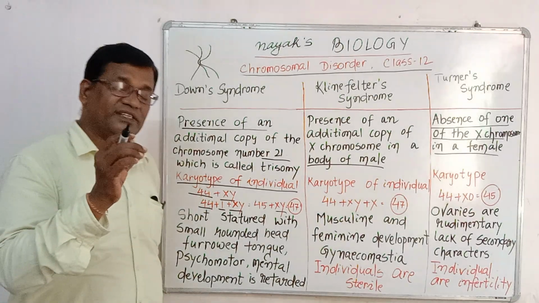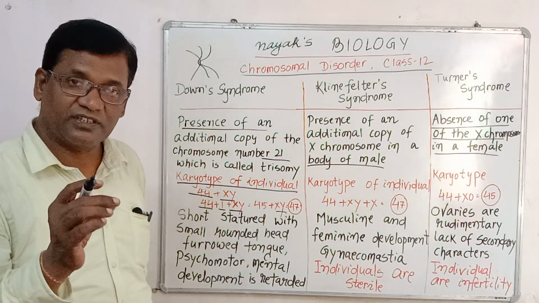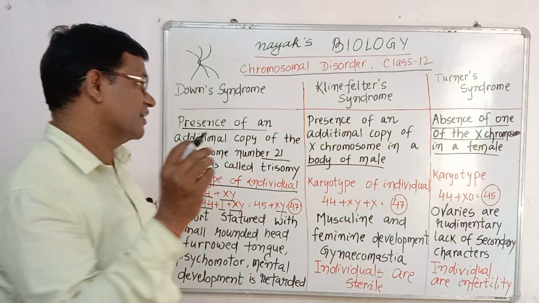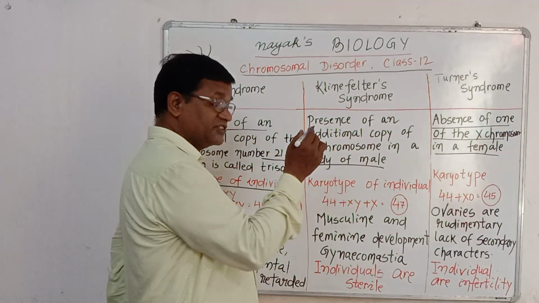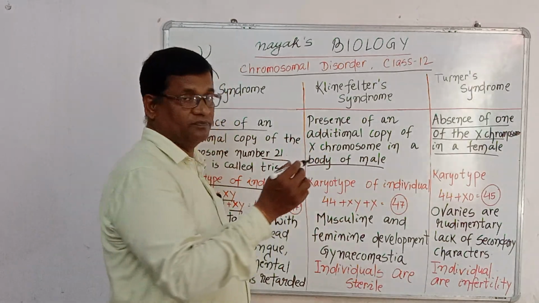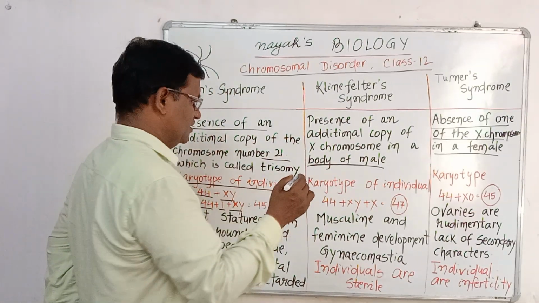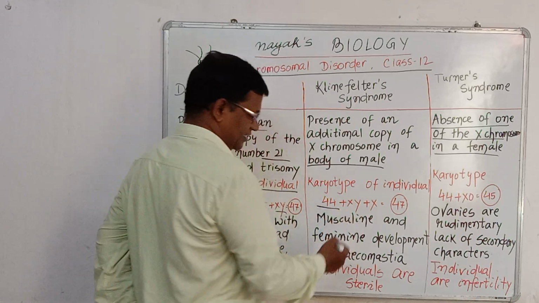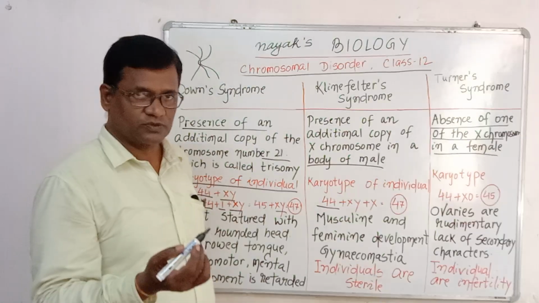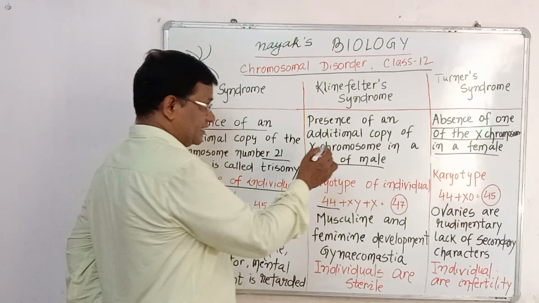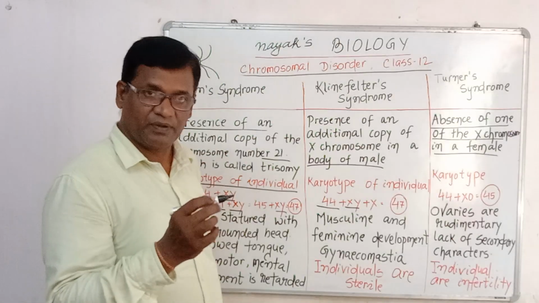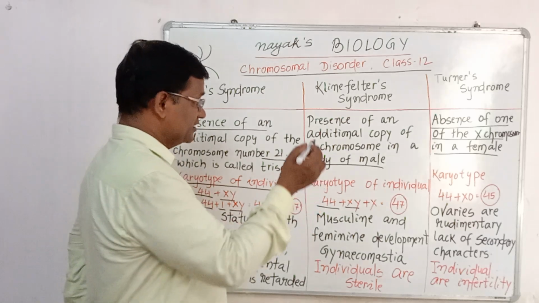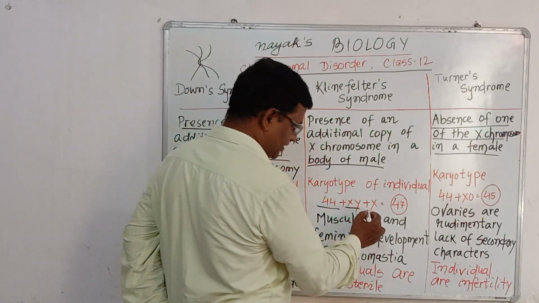Now tell me, what is the number of chromosomes present in Down syndrome? It is 47. Now come to Klinefelter syndrome, the presence of an additional copy of the X chromosome. We have 22 pairs of autosomes, that is 44. It is a male, that's why it is XY. Male means XY, female means XX, you know. And the condition is one more X chromosome.